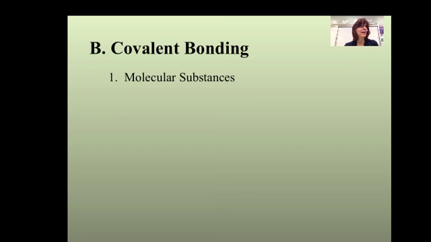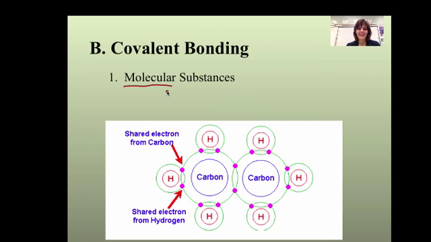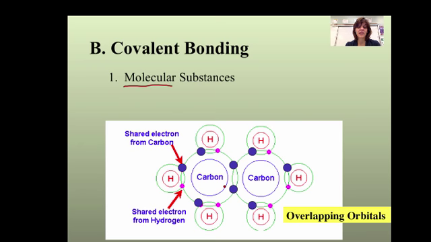Okay, covalent bonding makes something called molecular substances. These, instead of transferring electrons and being held together through electrostatic charges, are sharing electrons and sharing orbitals. So if we show their valence electrons, the blue ones are carbon's electrons that they originally had, and the pink ones are the hydrogen's electrons.